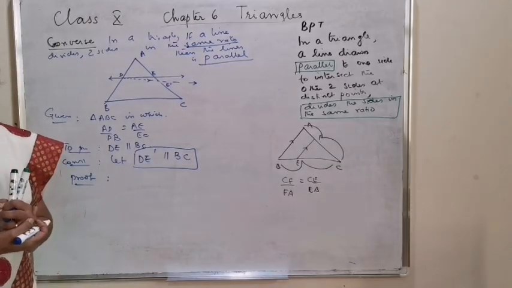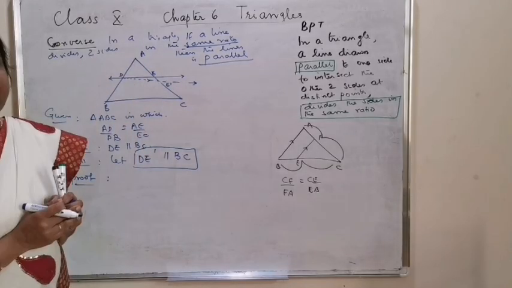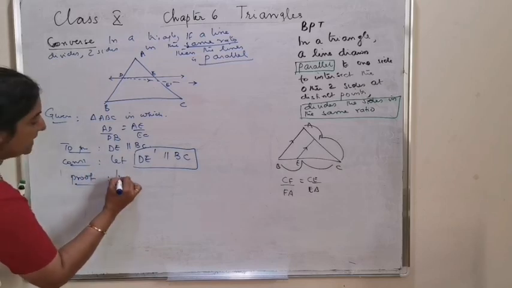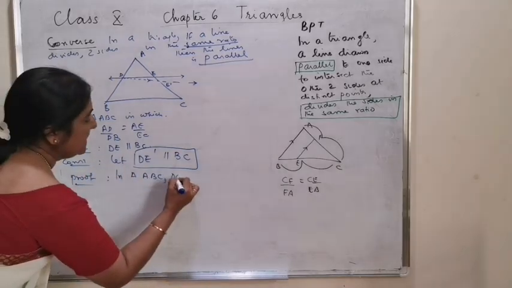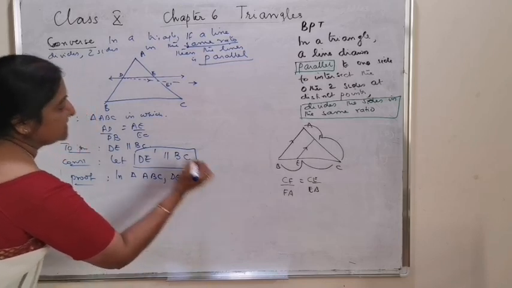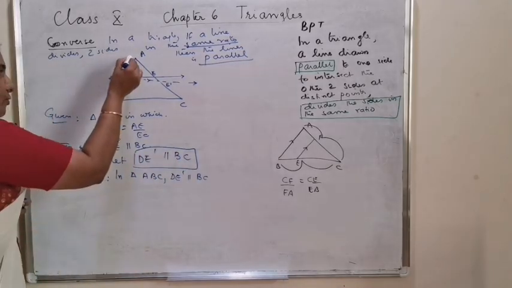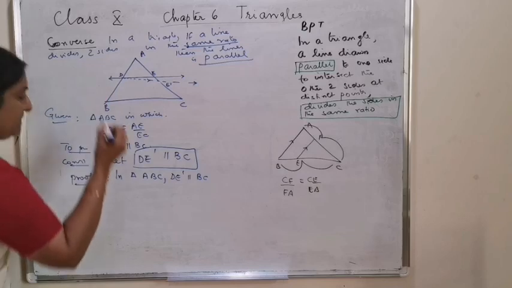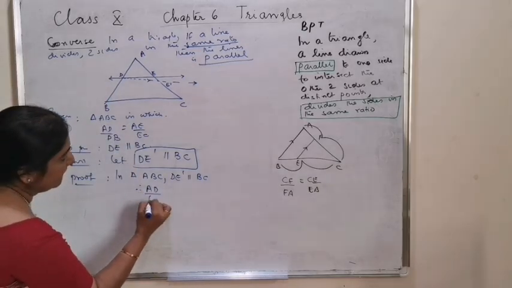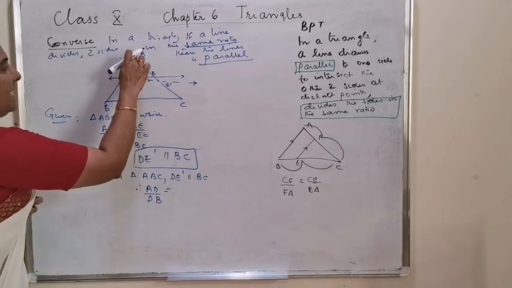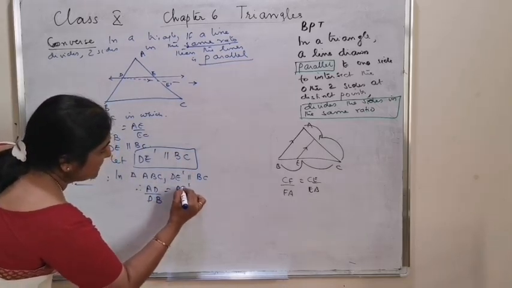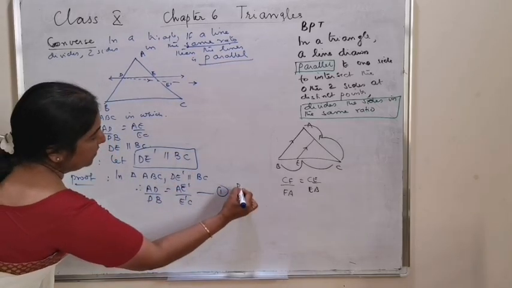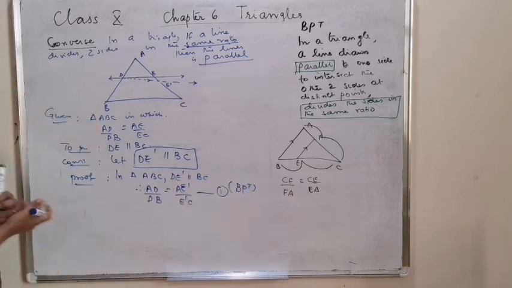We can directly apply the theorem. Thus, in triangle ABC, DE dash parallel to BC, therefore AD by DB is equal to AE dash by E dash C, equation number 1, by the basic proportionality theorem.